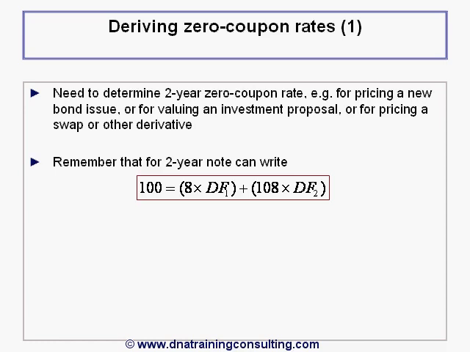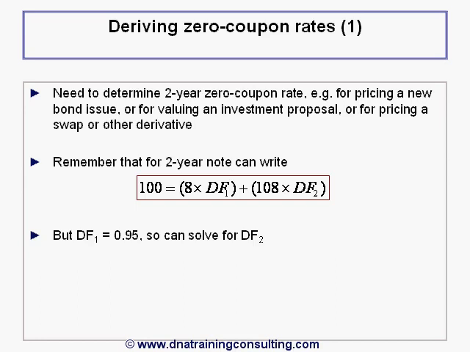Price, 100, equals first cash flow of 8 times its discount factor plus second cash flow of coupon 8 plus principal 100 times its discount factor. We emphasize again the inclusion in the final cash flow of the par value, or the principal, of 100 in addition to the final coupon.